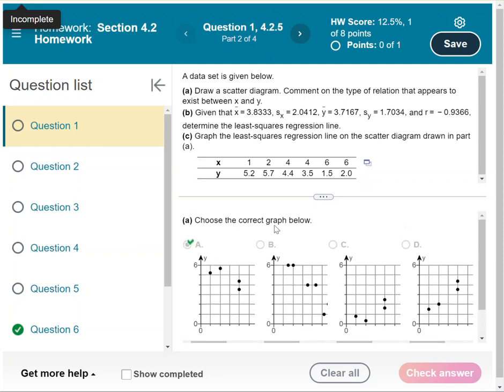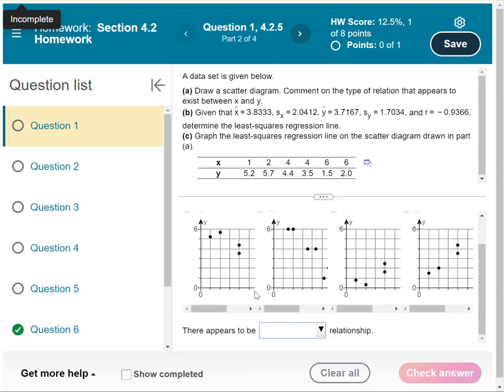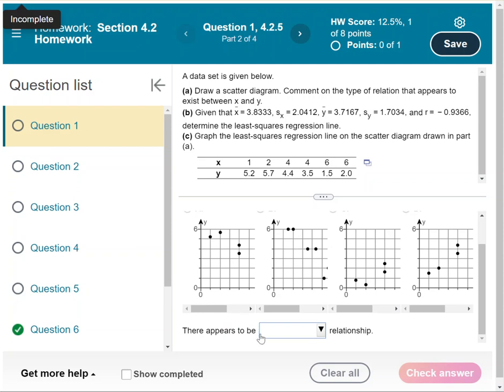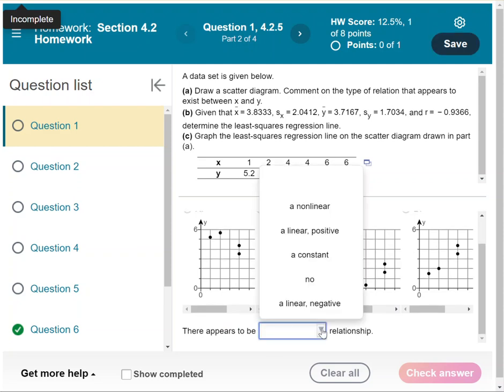So part B, there appears to be a nonlinear, linear negative.